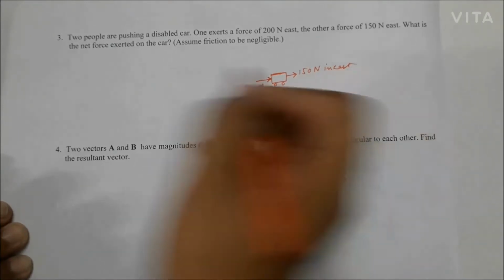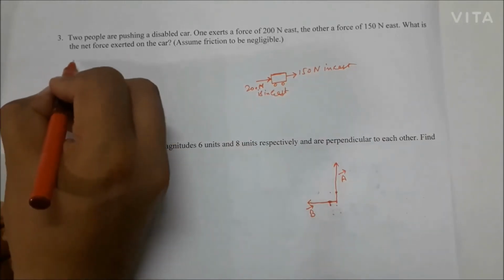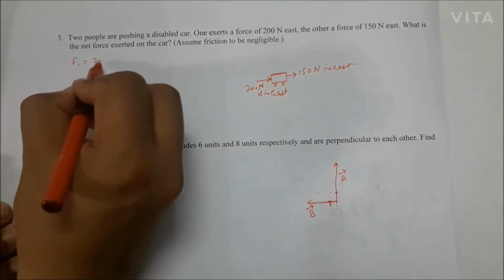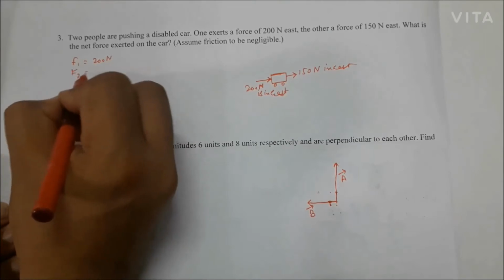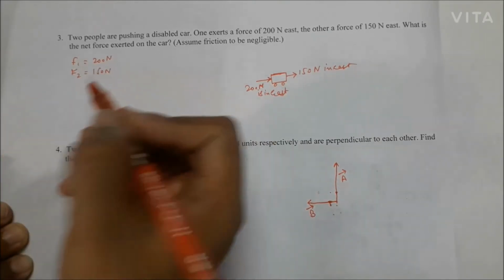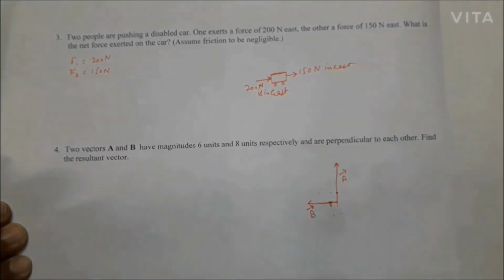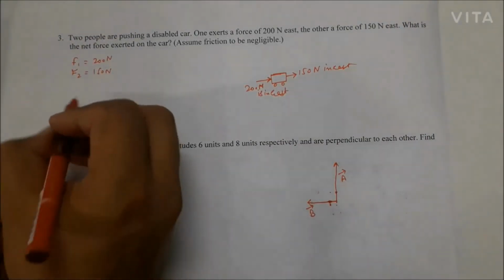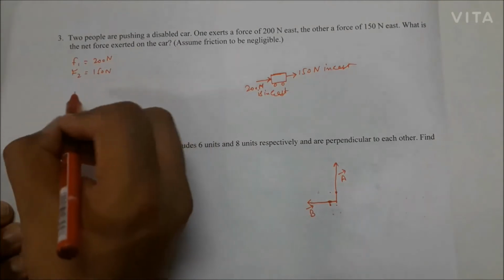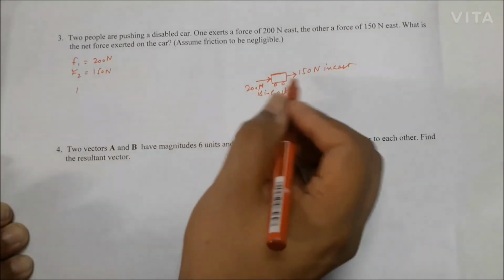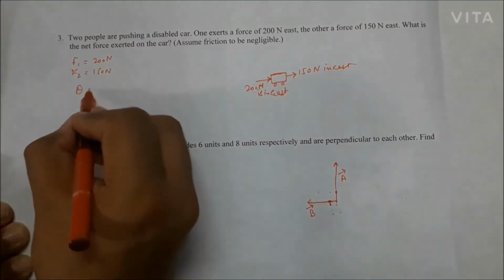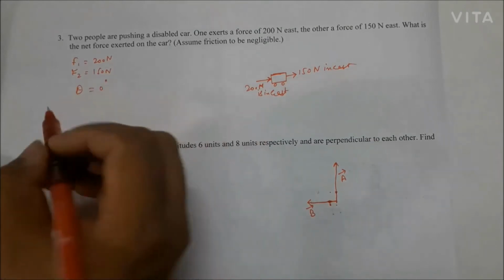Okay. Now these are the two forces. F1 is 200 newtons and F2 is 150 newtons. Now you have to calculate the magnitude of the resultant force and the direction of the resultant force. Now in order to calculate the resultant, what is the angle between these two forces? The angle between these two forces is 0 degrees.